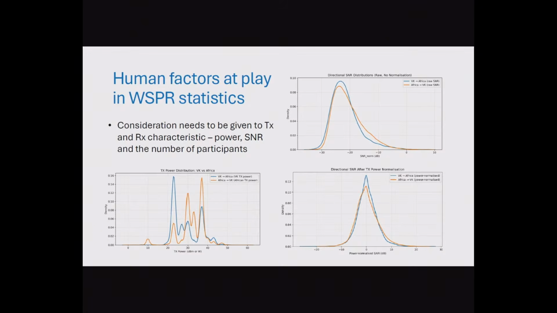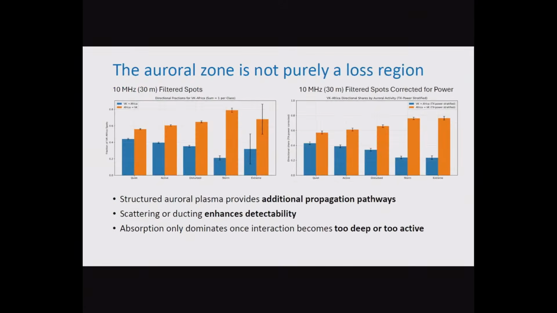And when I looked a bit deeper into this, when I started to filter it with auroral activity, so this is the raw signal to noise for different auroral conditions up to extreme, generally when it's an extreme auroral activity, we tend to see much higher signal coming back the other way from Africa.